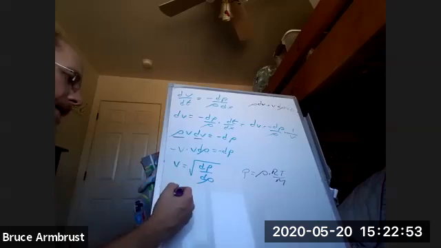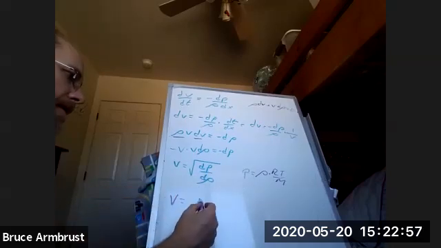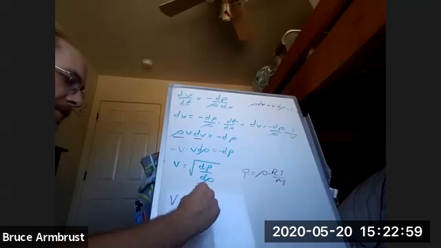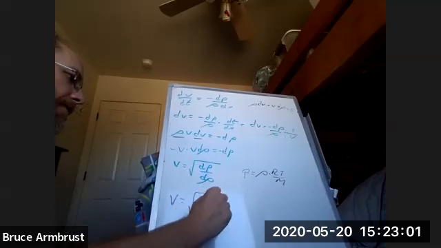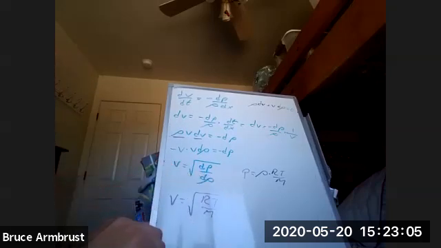And so what we end up getting, if we put that in here, is that v is equal to the square root of RT over M.